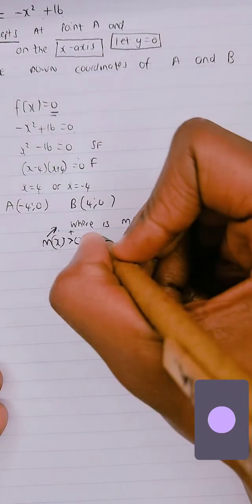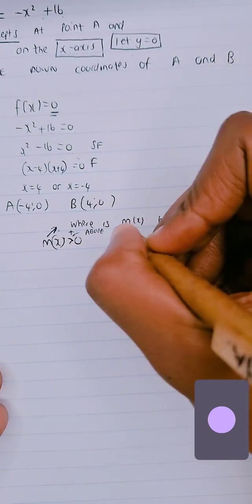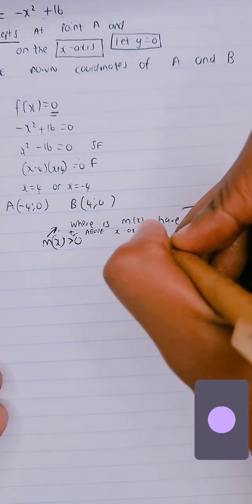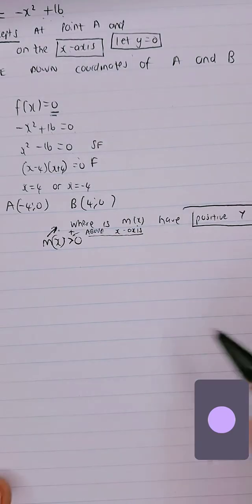Stated differently, we are asking where the function is above the x-axis, because greater than 0 means above the x-axis.